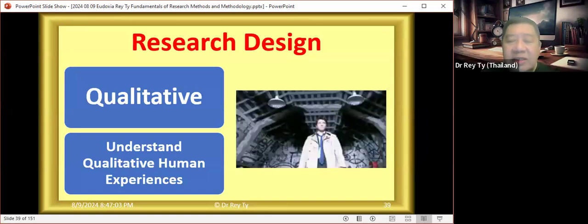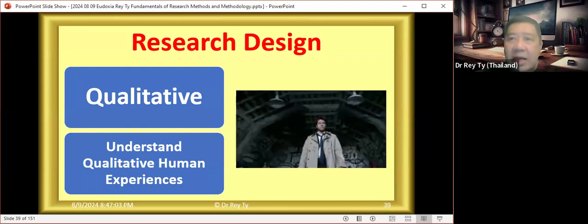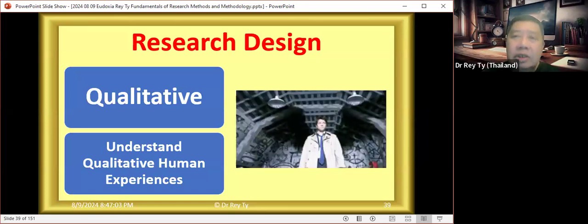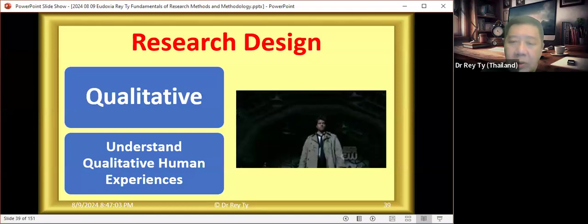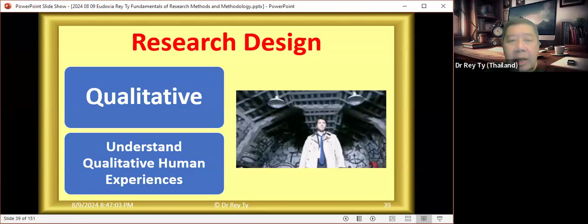So you want to understand the experiences, the daily lives of the domestic or of a construction worker from Pakistan, India, Bhutan, Nepal, Sri Lanka, Bangladesh, who are working in Saudi Arabia. They are constructing a building. So you use qualitative. You talk with them, you eat with them, perhaps you stay in the labor camp with them and join them for a month, work with them, so you will understand how life is.